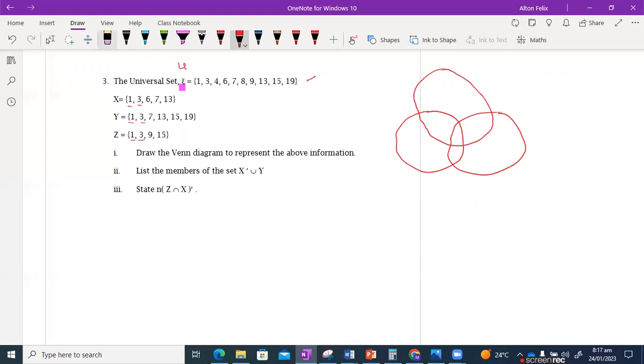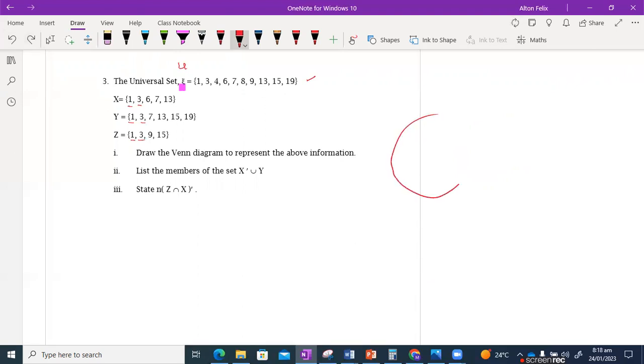Let's do that again. I'll show it a little bigger. This is the first circle. This is the second circle. I'll show this one as the third circle here. Your circles will be neater than mine.